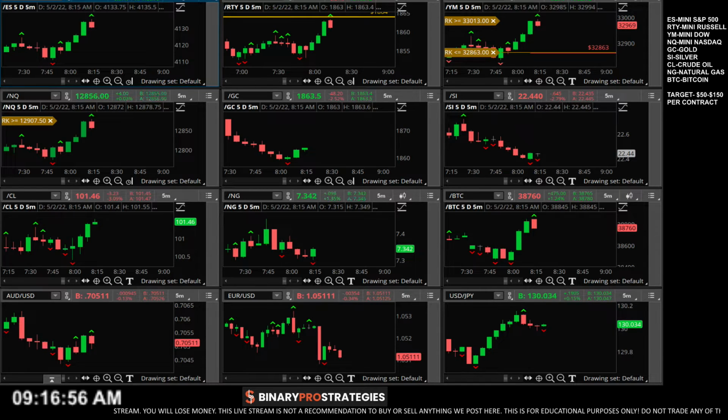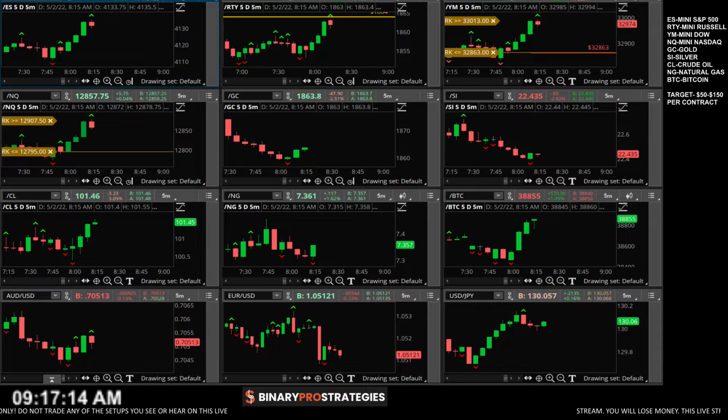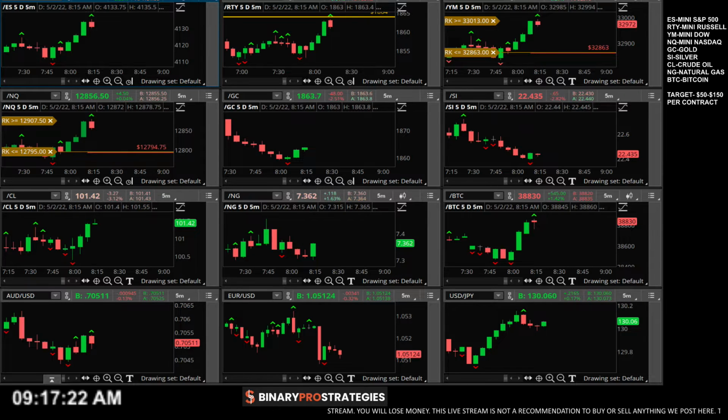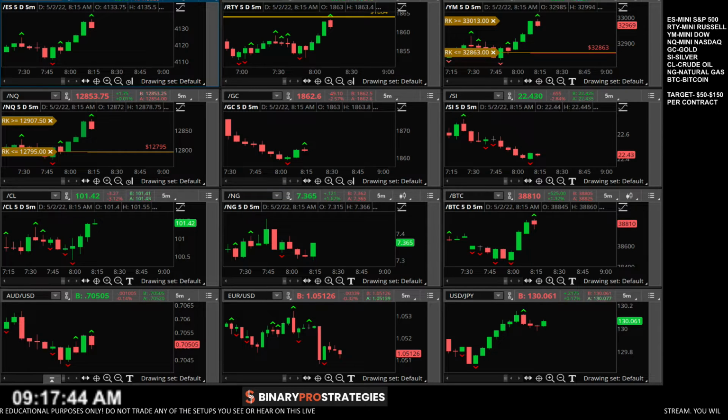Reversal is going to be 127.95. So looking to buy RTY, if we hit 1864, we are long now on the mini Dow and also on the mini NASDAQ.